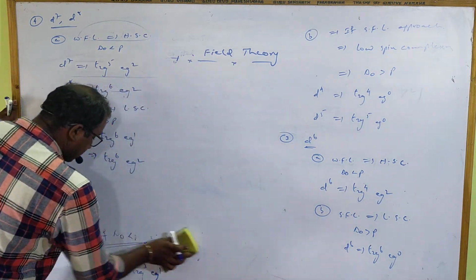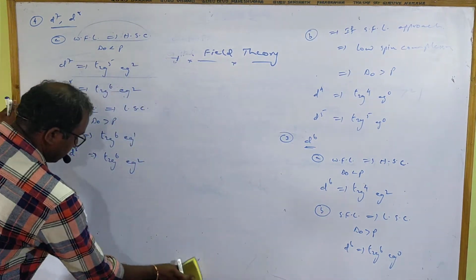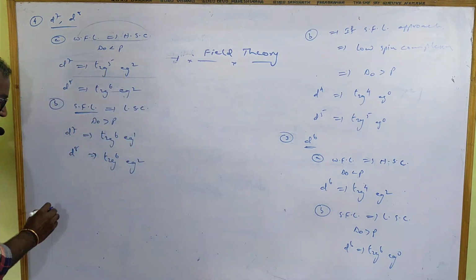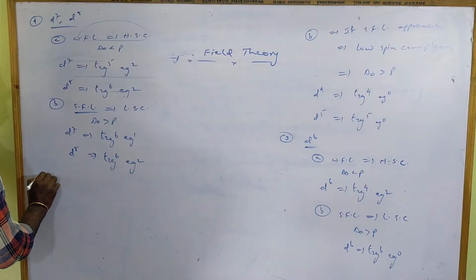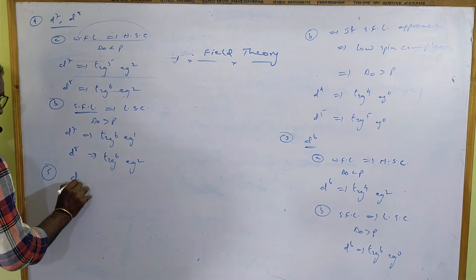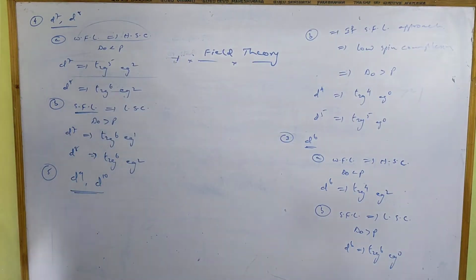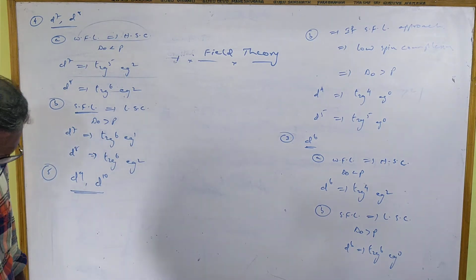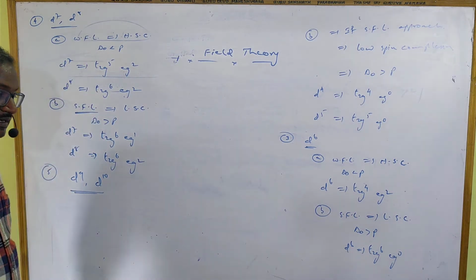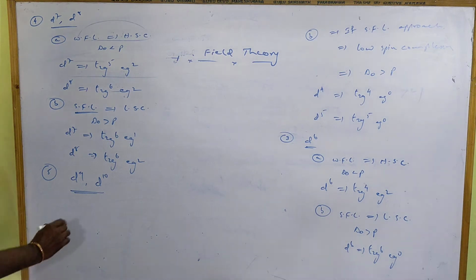Next, D9 and D10, the last. That is the fifth one. How will it be, whether the ligands are weak or strong?